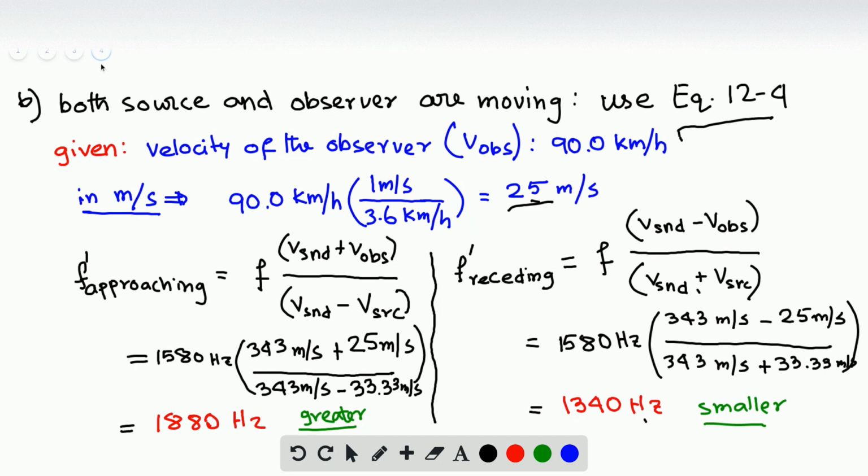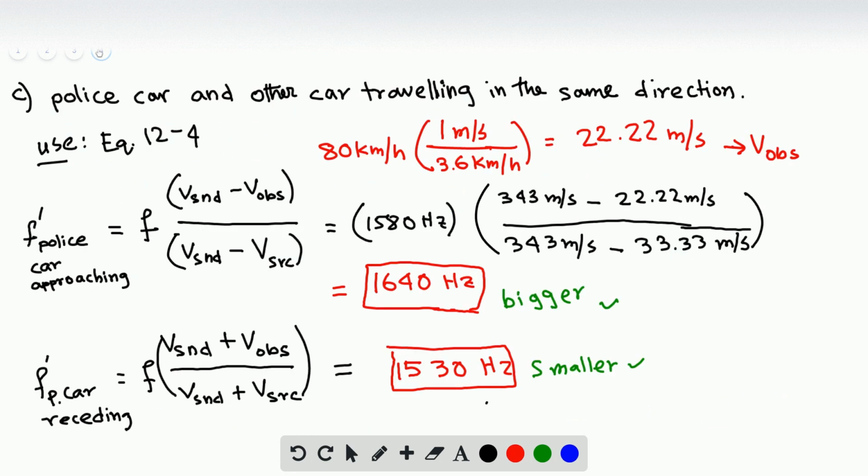For part C, the police car and the other car are traveling in the same direction. The only thing that will change is the sign at the top.